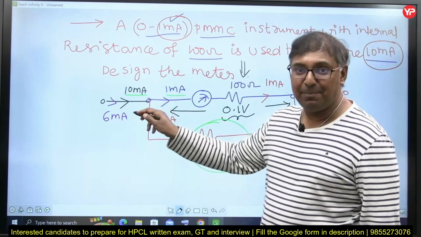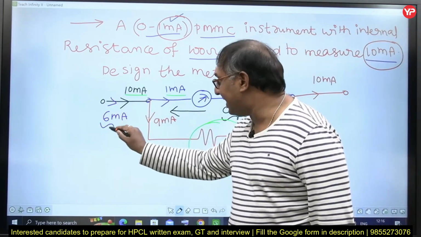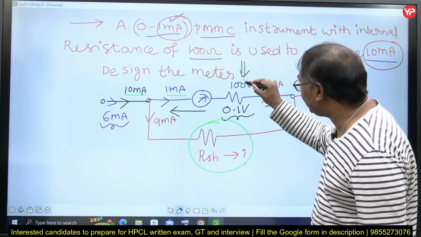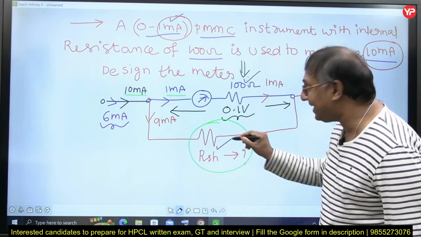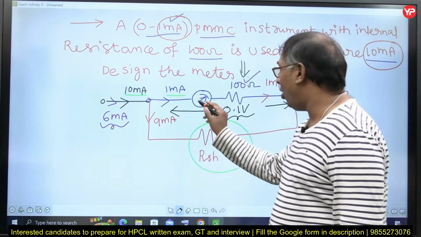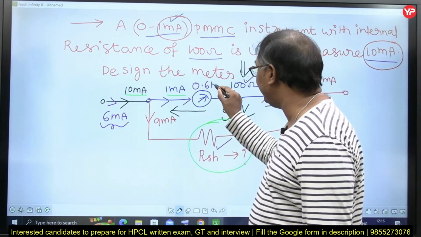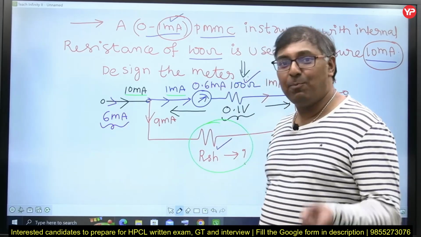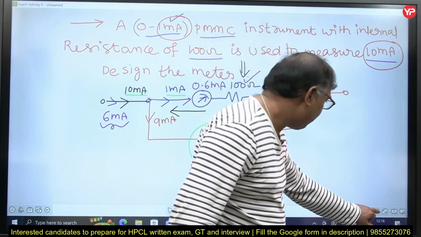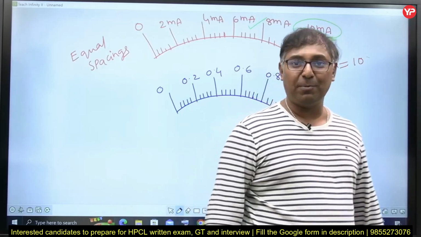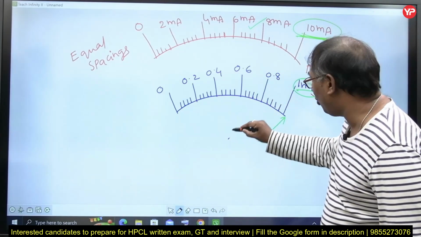When you are sending 6 milliamperes, this current divides between this 100 ohms and this Rsh. How much current flows here, sir? 0.6 milliamperes flows here. Once 0.6 milliamperes flows here, my pointer deflects for 0.6 milliamps and stops here.